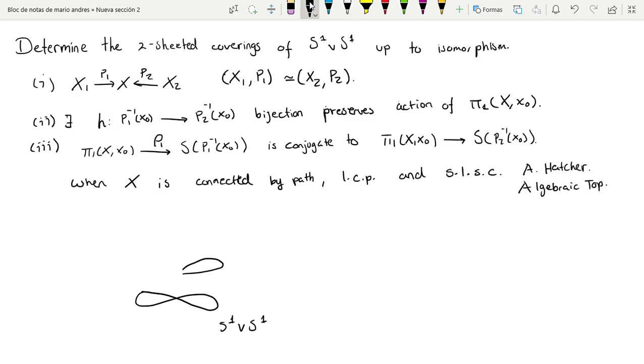Let's say this and this, and we are going to make this one. No, I am drawing it horrible, right?